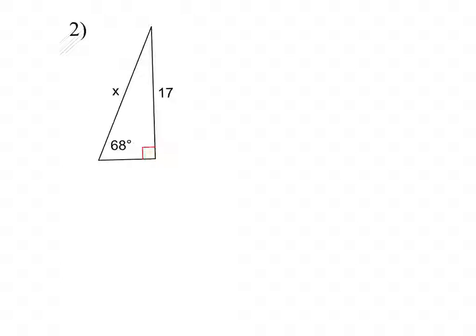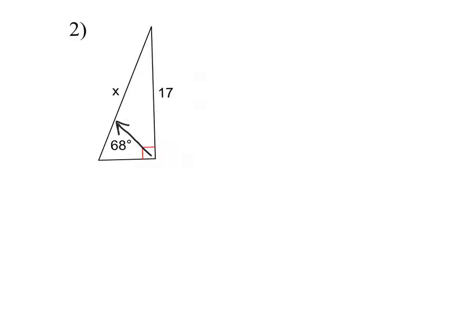Here in this example, we have the angle 68 degrees. We've been given one side and we're looking for another side. The side that we've been given in relationship to this angle is the opposite side, and what we're looking for is the hypotenuse because it's opposite the right angle.